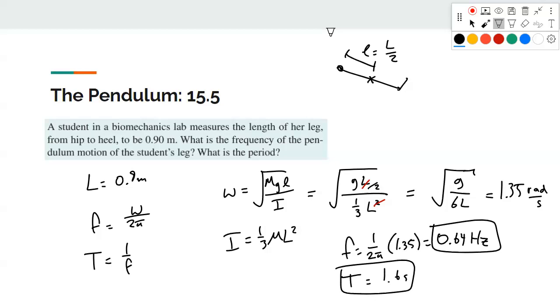Yeah. Well, when you came to the L's up there, I feel like it should be 3/2 GL instead of 3/2 times G over L. You're right. It should have been. Thank you. This should have been 3/2. Thank you so much. So if we do that instead, let's see here.